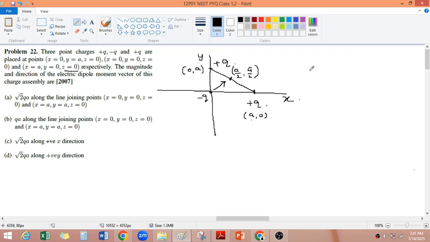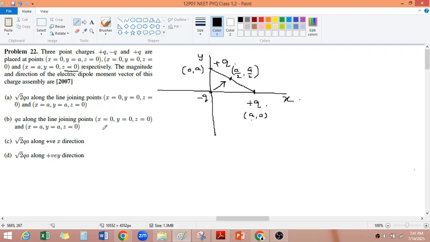Okay. So I can assume that 2q is kept over here, actually plus q. So 2qa magnitude, direction of the electric dipole moment.